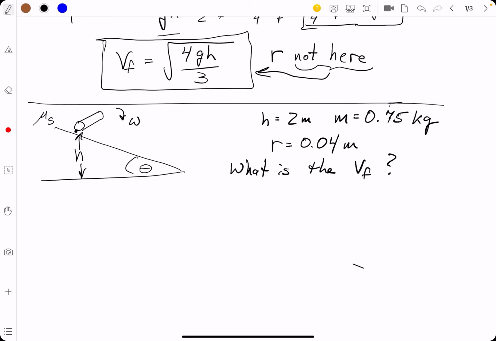Pause it, come up with what the final velocity is, and then unpause because I'm going to do it right now. We already solved it.